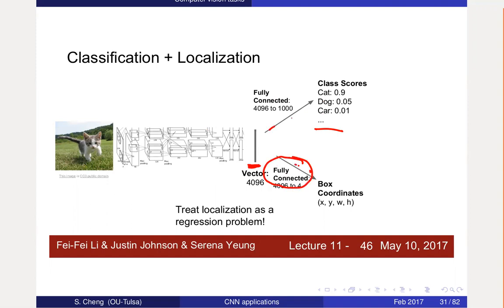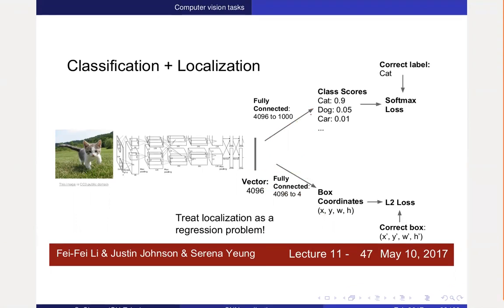So we have one part for classification with another branch to do regression, and the regression will try to find exactly where the box is localized. So therefore, it's pretty simple. Then we can train the entire network end to end, right?